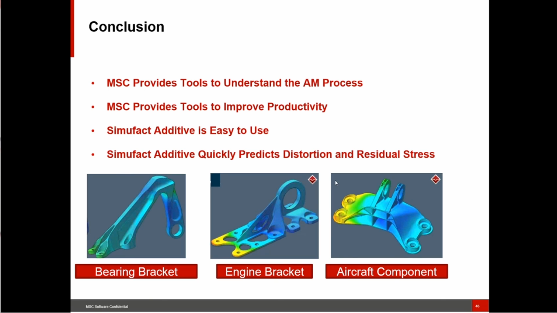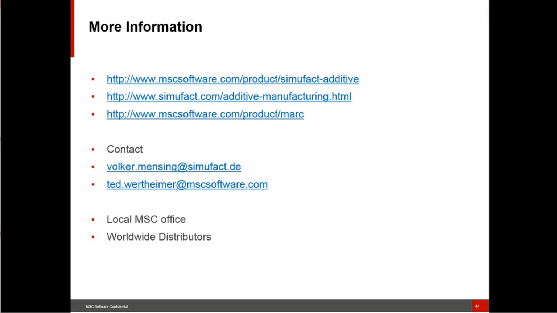It's easy to use, and it can be used to quickly predict distortions and residual stresses in your model. It can be used to help you compensate your design to get your final net shape process, and it will help you to reduce your trial and error process that is time-consuming and costs money.